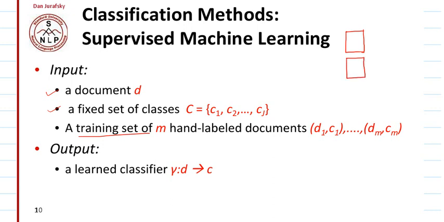So if these are the documents D1, D2, D3, D4, how would a machine know that a document belongs to a particular class?